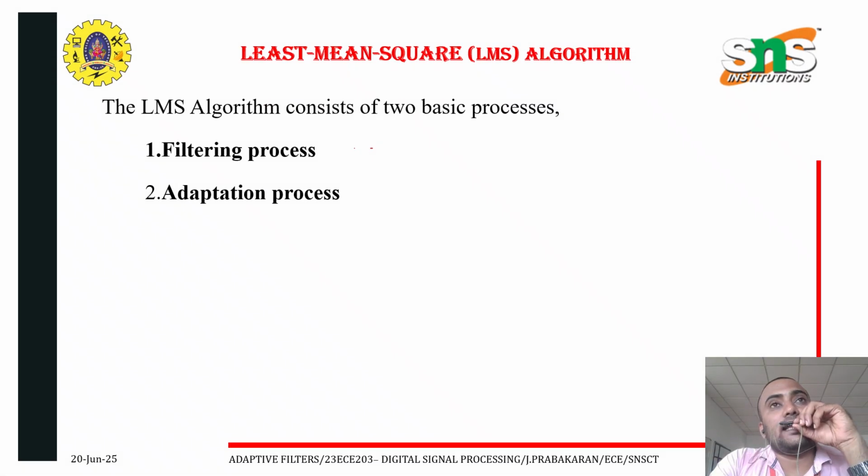See the LMS algorithm, the least mean square algorithm. It consists of two basic processes: first one is the filtering process and the other one is the adaptation process.